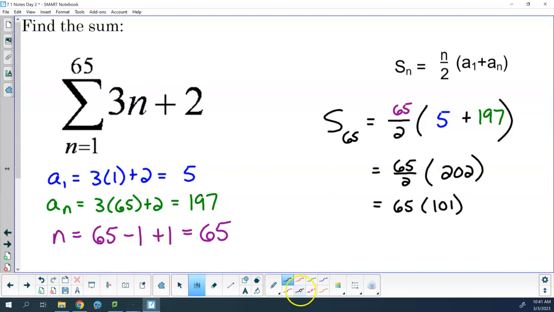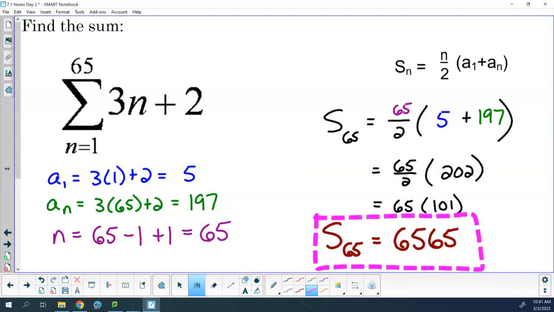So the sum of the first 65 terms is 6,565. Questions, comments, concerns, clarification? One of them is going to be an even number. Because this is 65 times 202 all over 2, you only got to divide one of them. If you divide both of them, then you're dividing by too much.